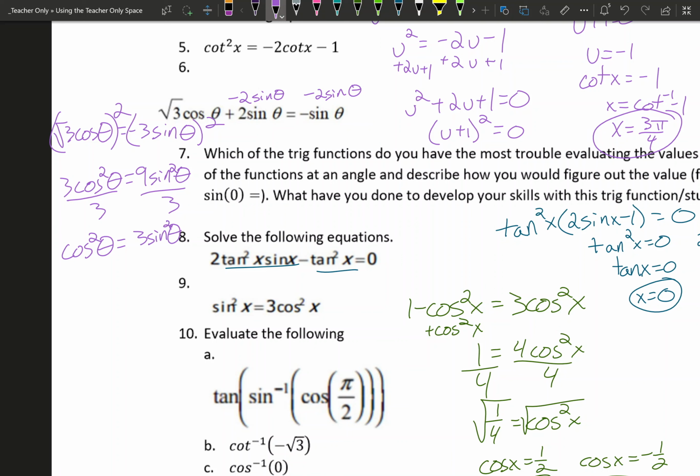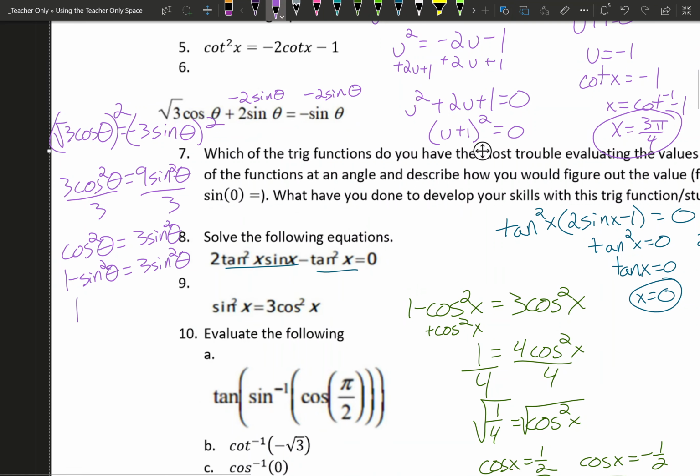And in this case, you can use either one, but I would substitute in 1 minus sine squared theta for the cosine squared theta, just because then you don't have to deal with distributing the 3, which is something else that I saw a few people make a mistake with.